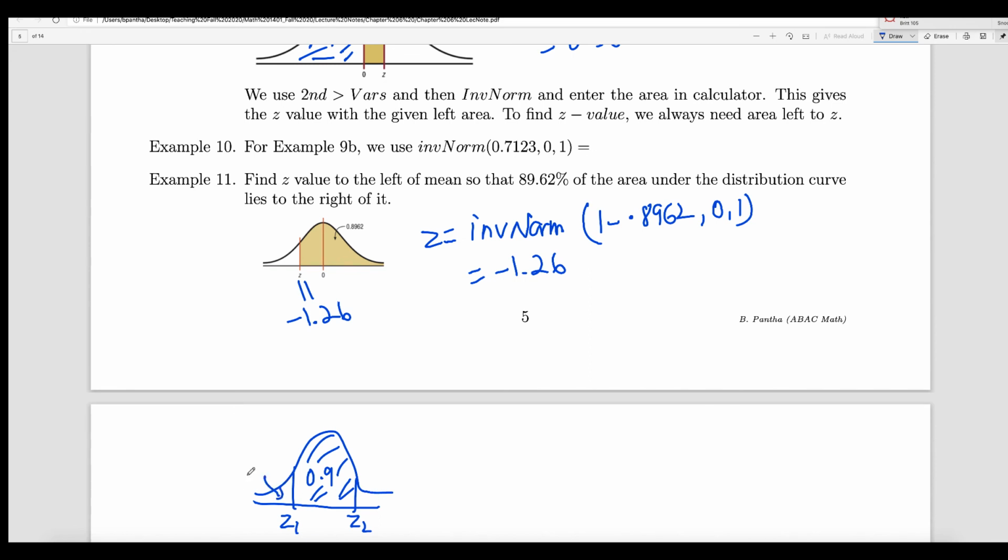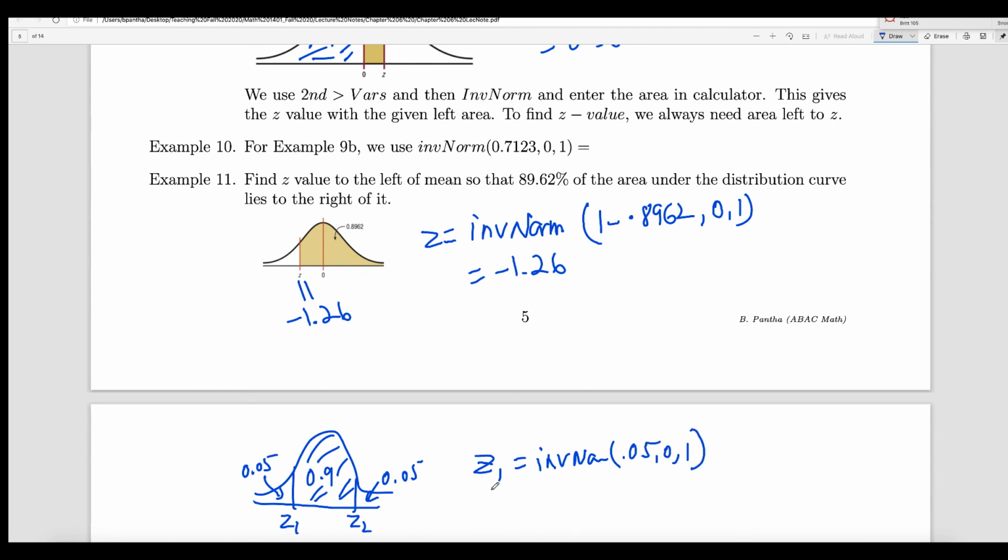So this will be 5%, 0.05, and this will be 5%, 0.05. If you want to find G1, then you need to do inverse norm, and then left area, 0.05 and then 0, 1. That's what you will do.